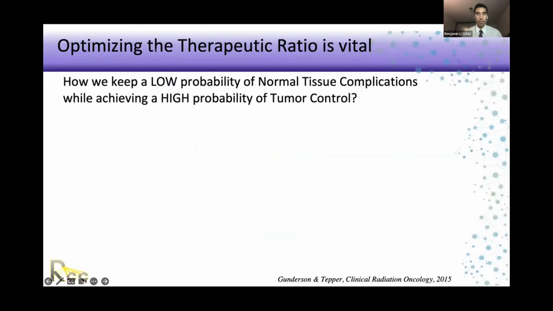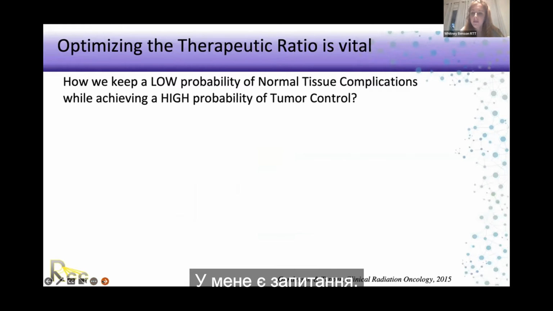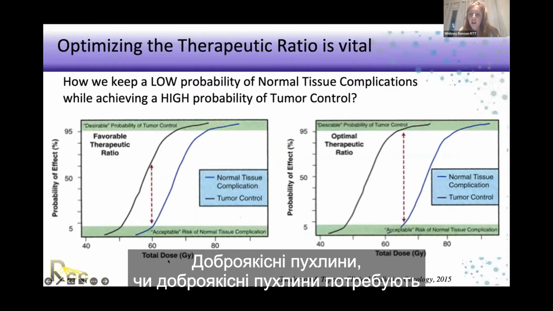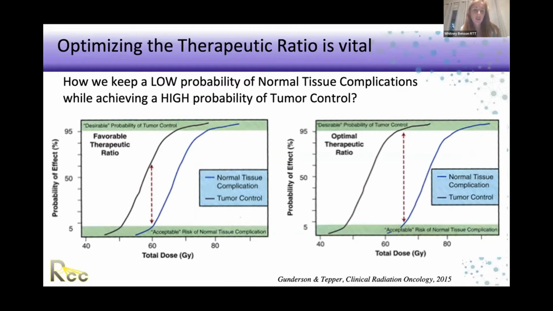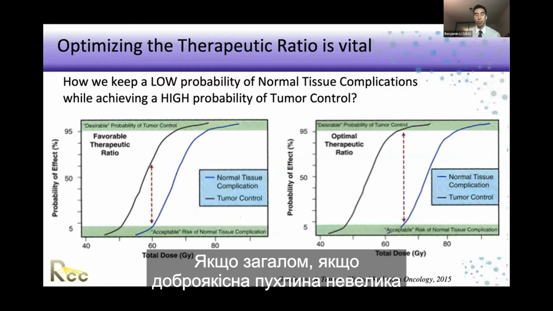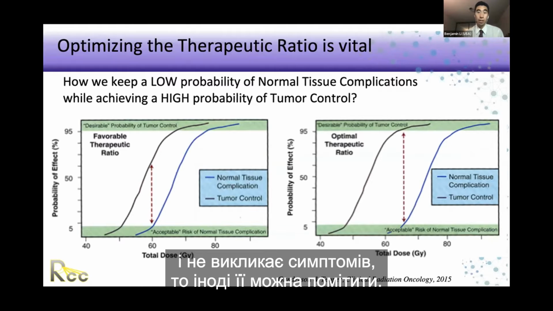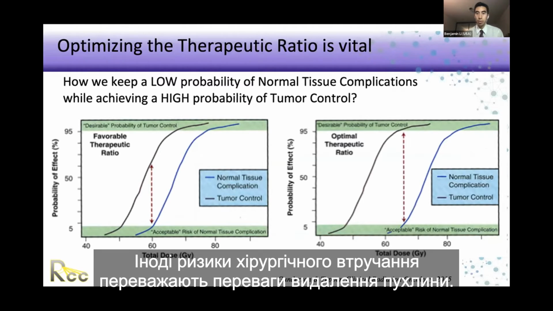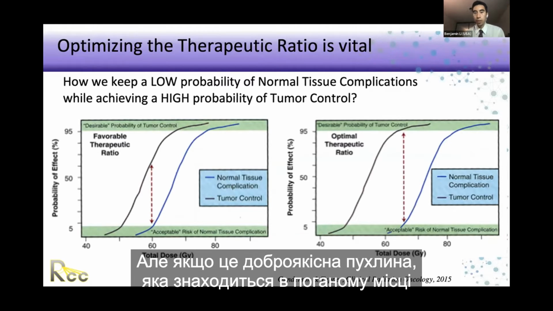Okay. I have a question from someone. They said, do benign tumors need surgery? It depends. In general, if there's a benign tumor that's small and it's not causing symptoms, sometimes it can be observed. Sometimes the risks of surgery outweigh the benefits of removing it.